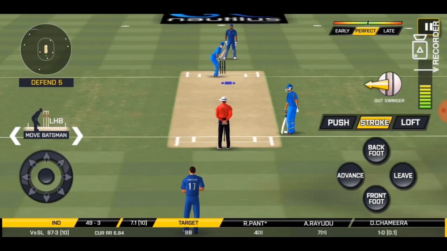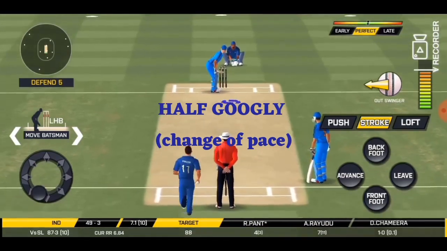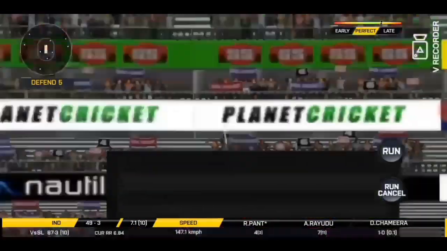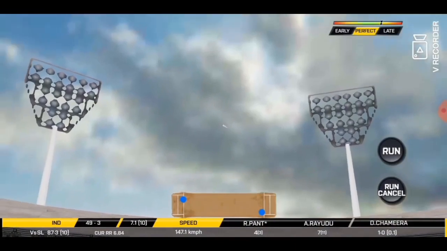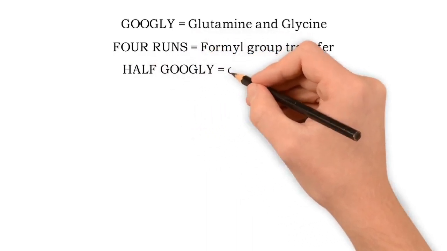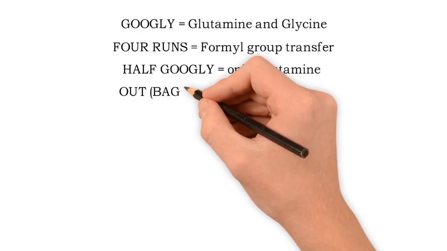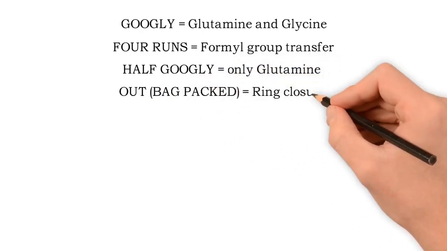After getting 4 runs, now the bowler changed the pace and bowled a half googly, and this time the batsman could not pick the ball and got out, packed his bag and was thrown out of the ground. So half googly means only glutamine, and out, backpacked means ring closure.